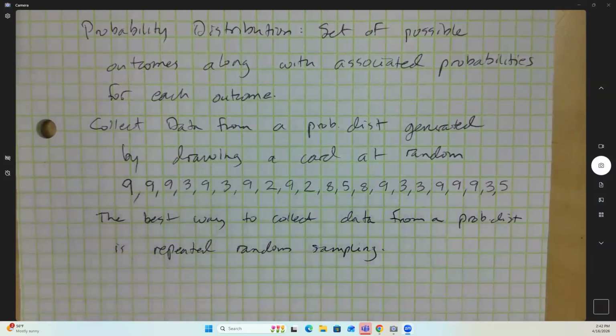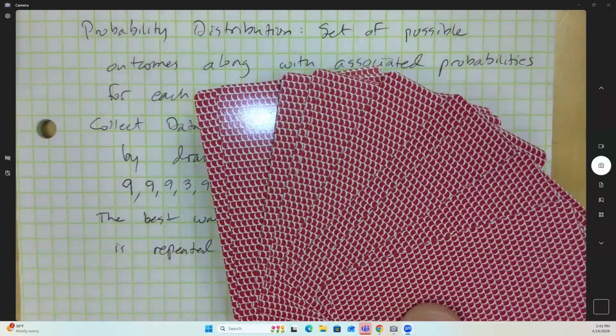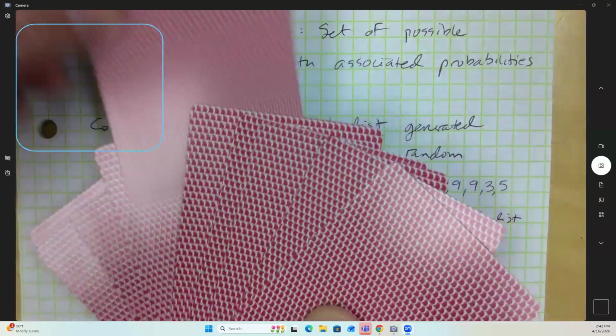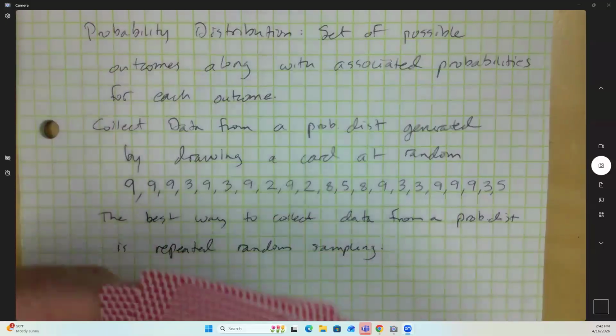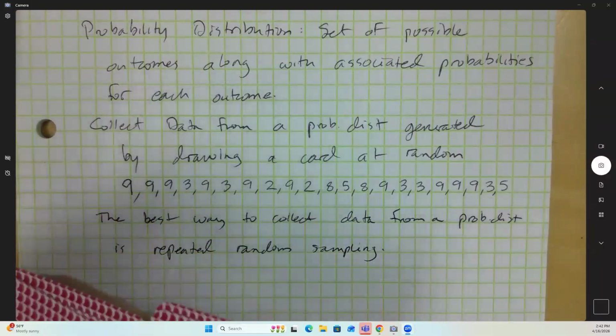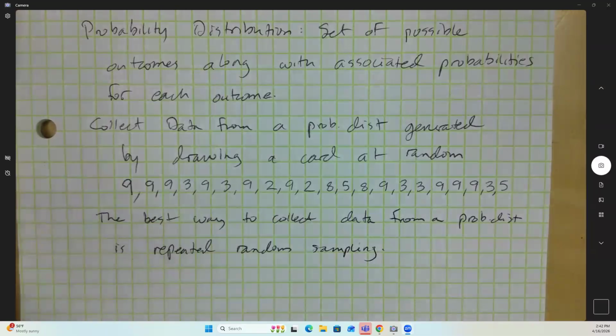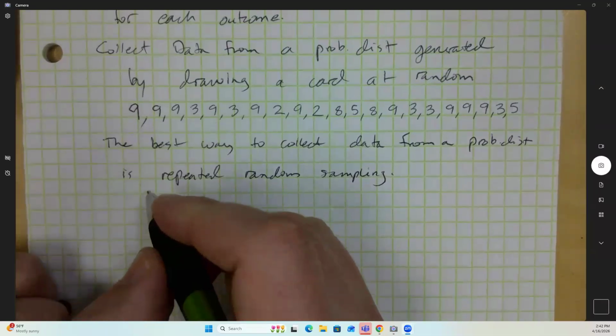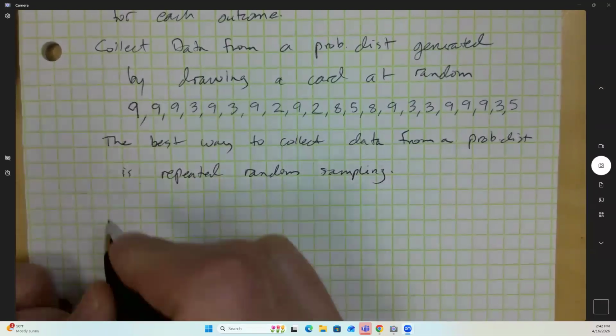In this data collection methodology, whenever someone picked a card and flipped it over, I put it back in so that it could be drawn again, which is how you really need to do it with the probability distribution, because you should have a chance of pulling that number every single time. So that's called sampling with replacement.